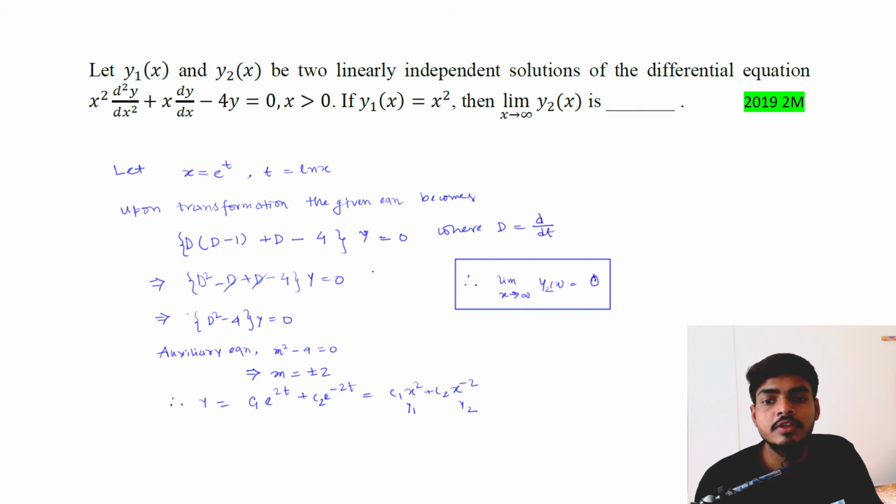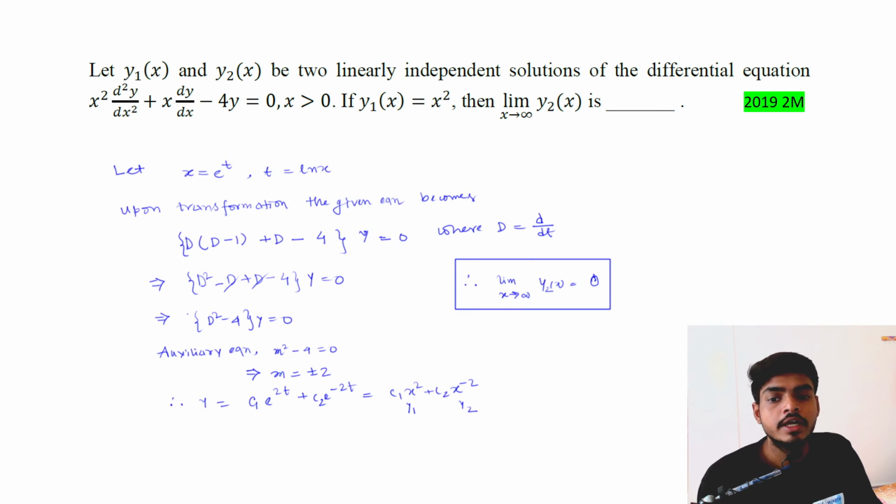After putting these things and calculating, you will simply get (D square minus 4) y is equal to 0. Then if you calculate the roots of the auxiliary equation, you will get plus minus 2. Then your y will be c1 into e to the power 2t and c2 into e to the power minus 2t. This one you remember, right? The last class we discussed auxiliary equations.